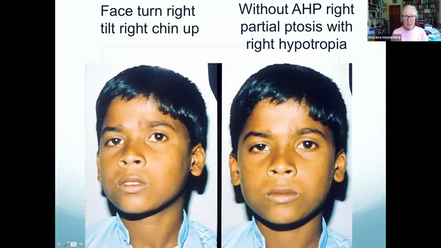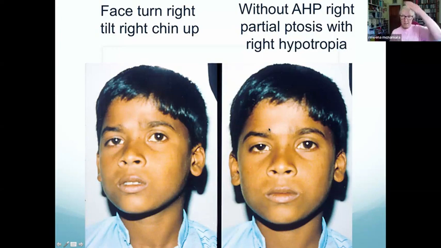And here you can see that there is more ear showing on the left side and less ear on the right side. So the patient is turning their head to their right side and they've put their chin up. And that's to avoid the right superior rectus palsy.